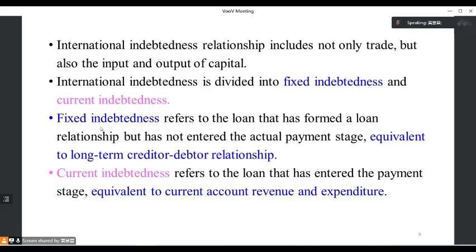What's the meaning of fixed indebtedness? Fixed indebtedness refers to the loan that has formed a loan relationship but has not entered the actual payment stage, equivalent to long-term creditor-debtor relationship.